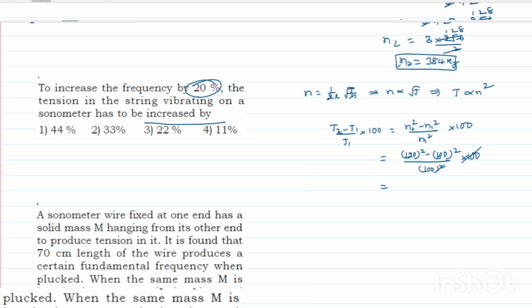Taking outside, denominator 100 will be there, in numerator 10 square, and in denominator 100 will be there. The remaining is 12 12s are 144 minus 10 10s are 100. This 10 square and this 10 square, 100 gets cancelled. 144 minus 100 will be 44%. So here you can write 44 as the correct answer.